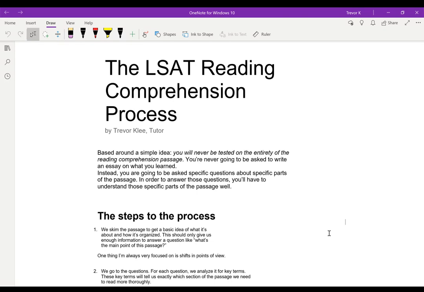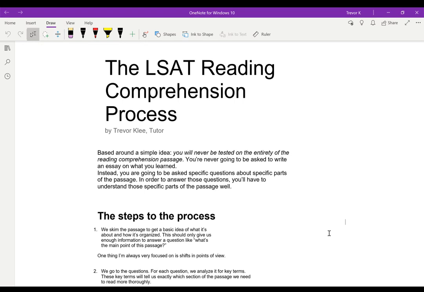So, for pretty much anyone, but especially for people who struggle with timing on reading comprehension, I recommend just reading the parts of the passage that you need in order to score well. Now, of course, that's a lot easier said than done, given that they don't tell you in advance which parts to read. So then the trick of it becomes, how do I figure out which parts I need to read?